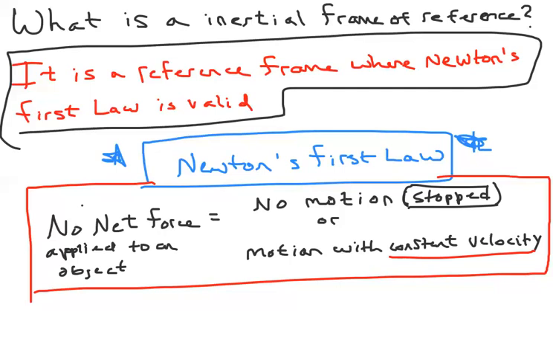That's what Newton's first law is. So when no net force is applied to an object, either the object should remain at rest, or it should be moving with constant velocity, with no changes in speed or direction.